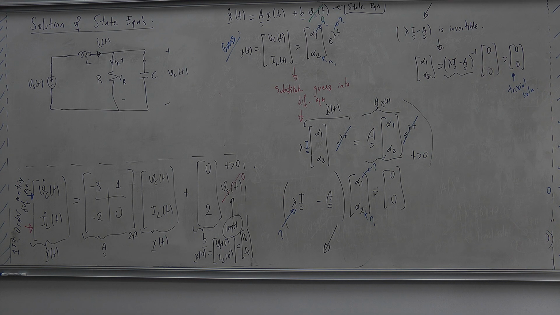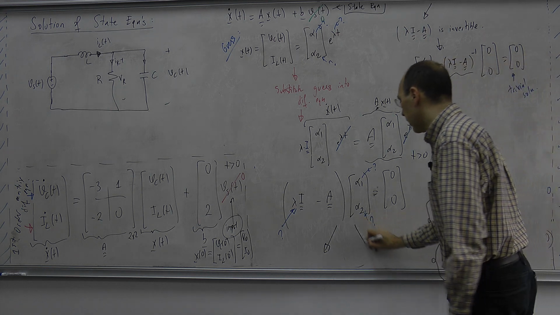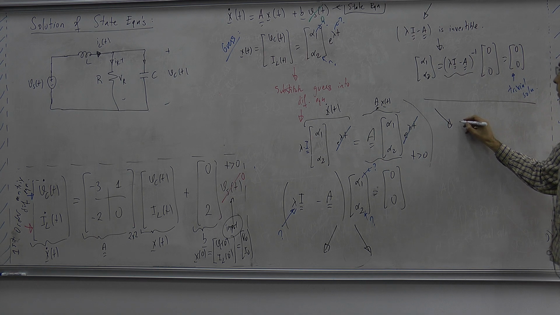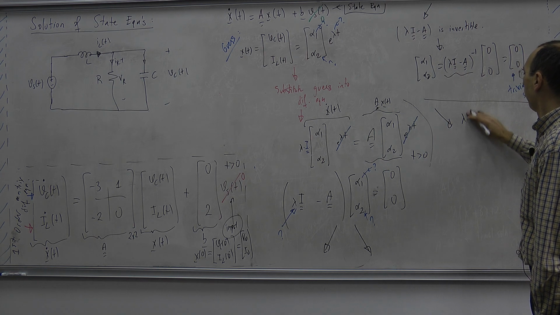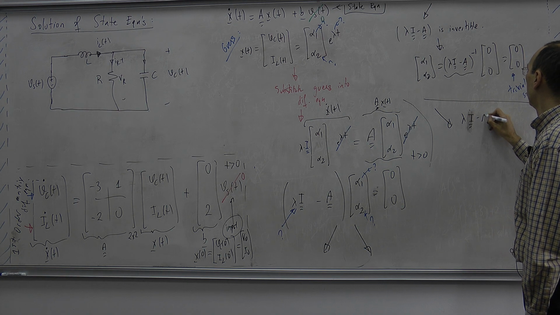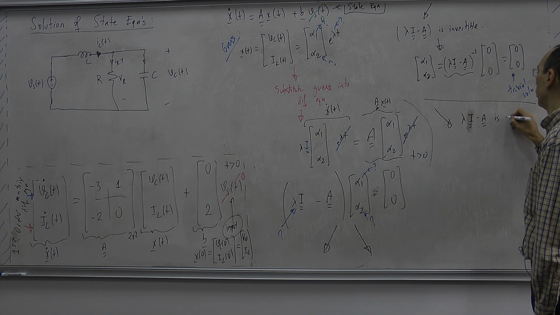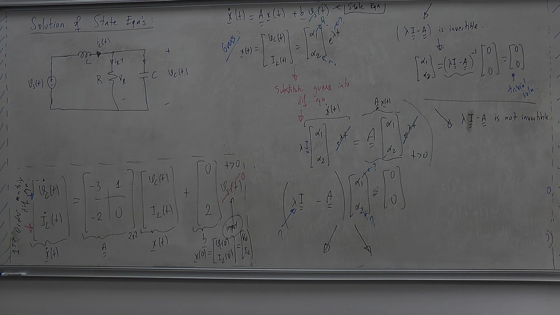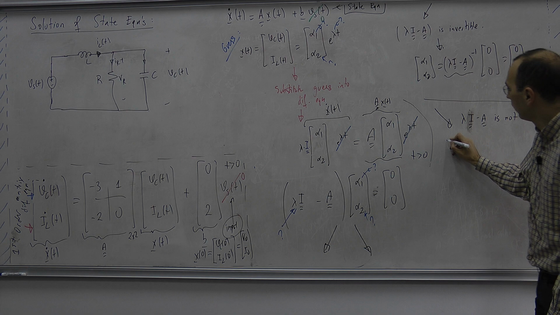Now, how about the other case? So let's go this way for the second case. Lambda times identity minus a is not invertible. So what's the meaning of this?